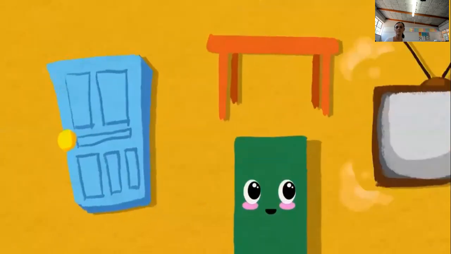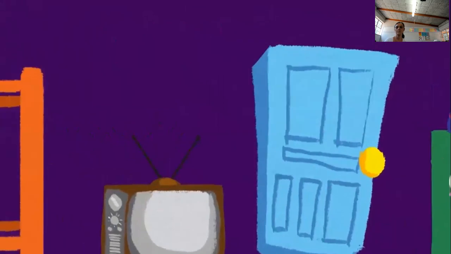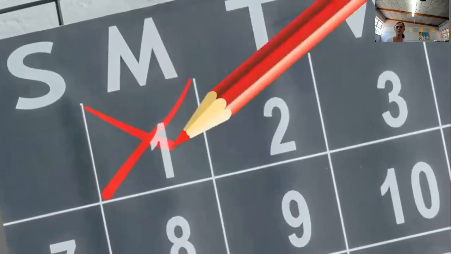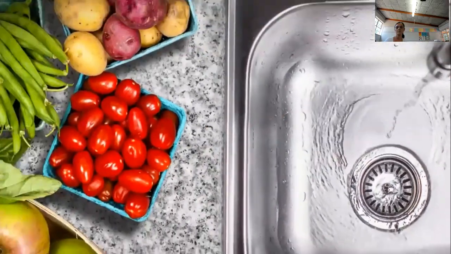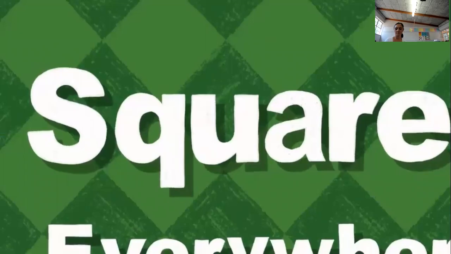Doors, tables, TV screen, rectangles everywhere. Squares everywhere. Calendar and kitchen sink are squares everywhere.